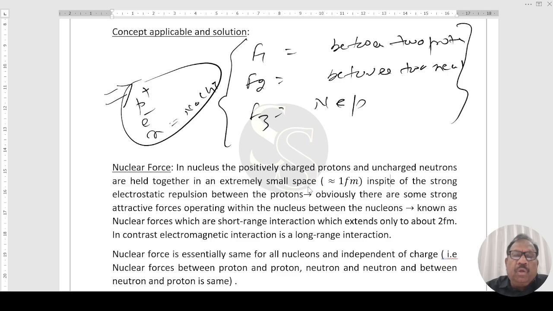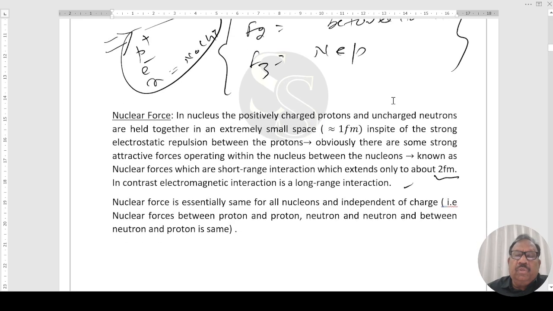In spite of the strong electrostatic repulsion between protons, there are strong attractive forces operating within the nucleus, known as nuclear forces, which are short-range interactions extending only about 2 Fermi. In contrast, electrostatic interaction is long-range. Nuclear force is essentially the same for all nucleons and is independent of charge.